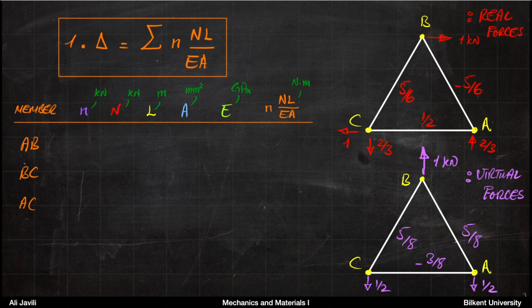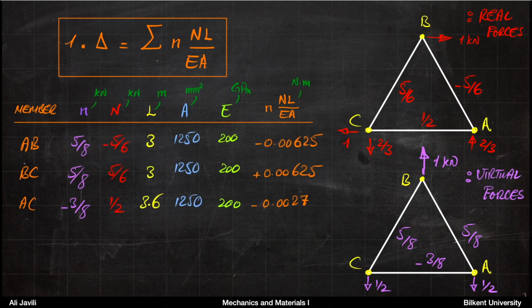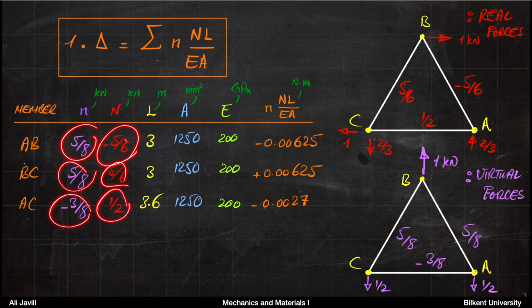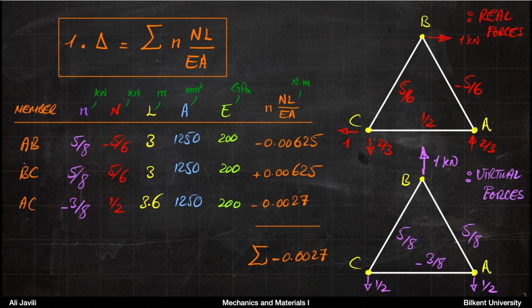If you draw the same table as we had previously and fill out the table based on the dimensions and quantities that we have calculated, then the sum of quantities on the right hand side are given.